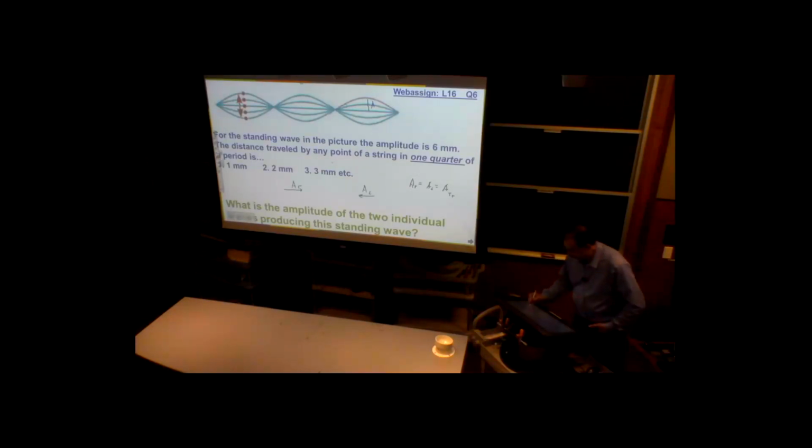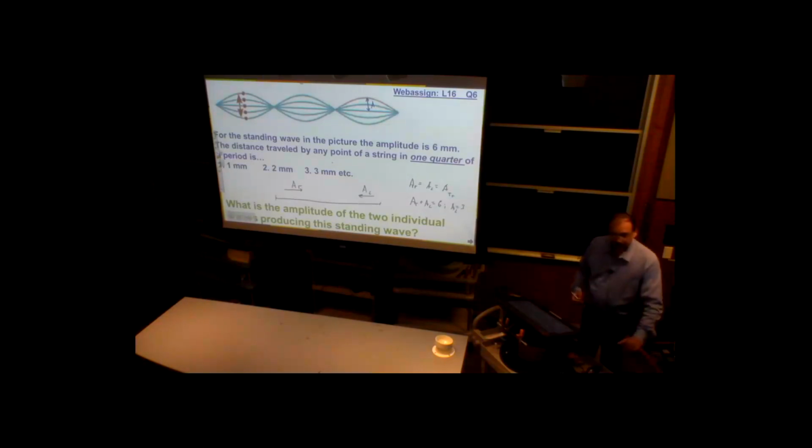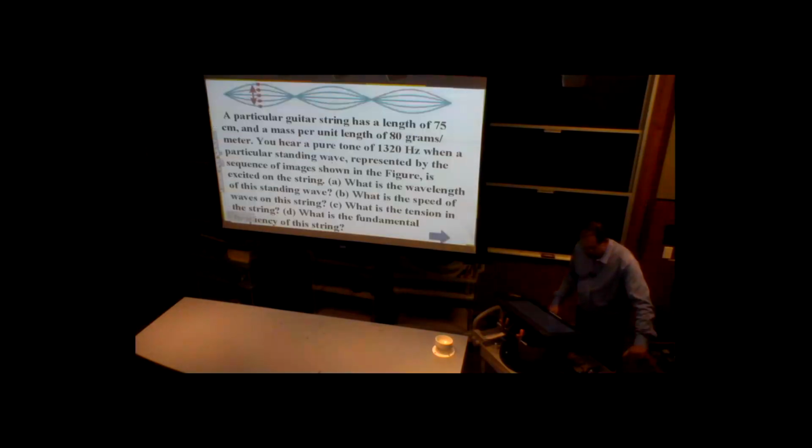But if we add them together, we should get the amplitude of this wave. So one amplitude plus another should be equal to 6. So the individual amplitude should be equal to 3, half of that. That's it. Just a review of the fact that every standing wave is actually a result of a composition of 2 traveling waves. All right, just did it.